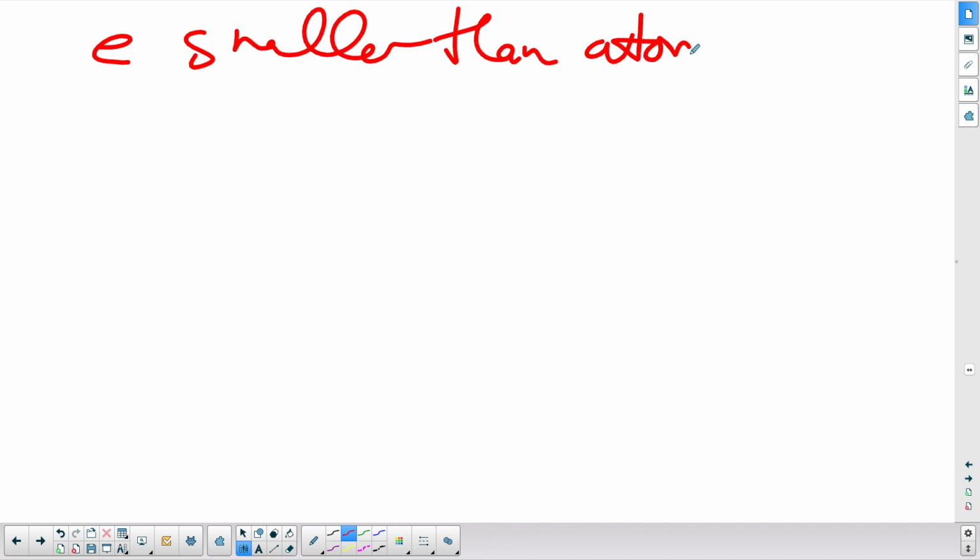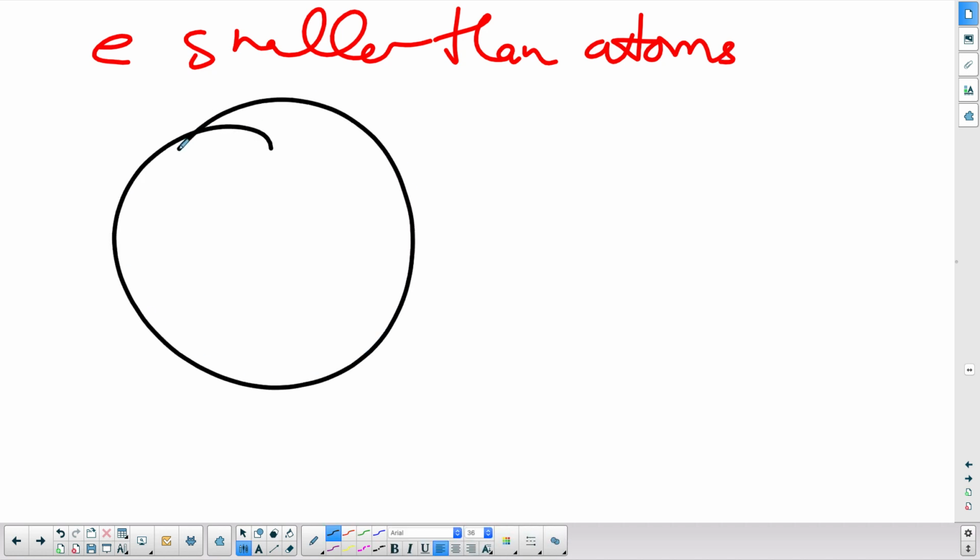J.J. Thomson took this knowledge that electrons were smaller than atoms. So that means he has to figure out how the electron is inside the atom. So he's like, all right, here's the atom, and here's one electron, and maybe there's another one over here, and some more, and another one.